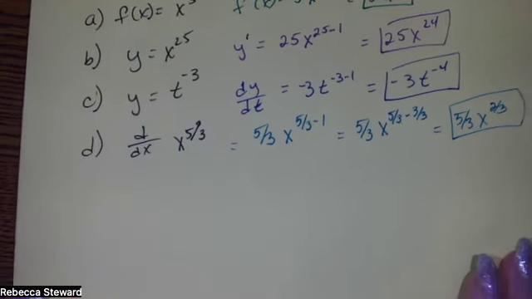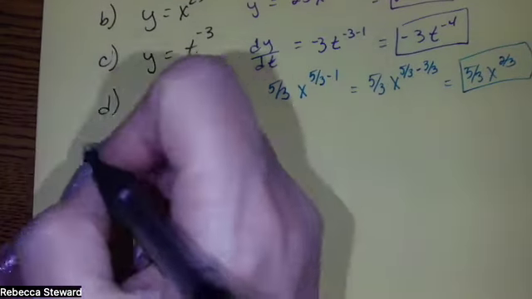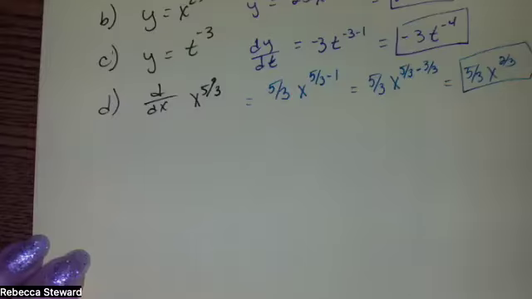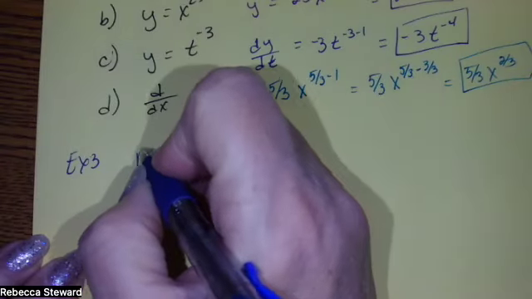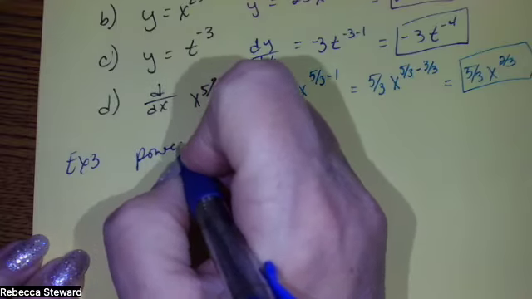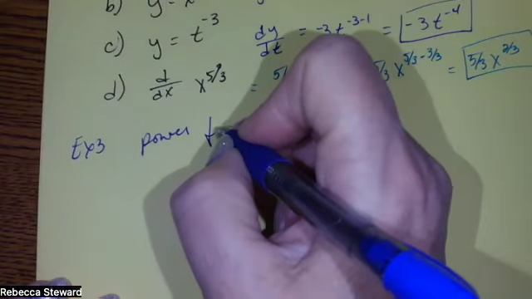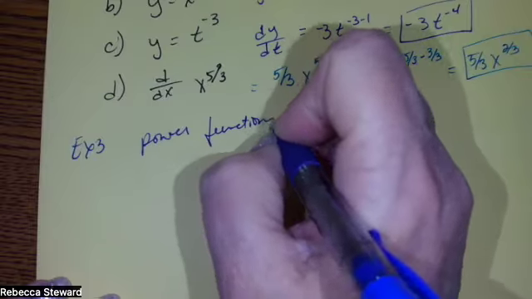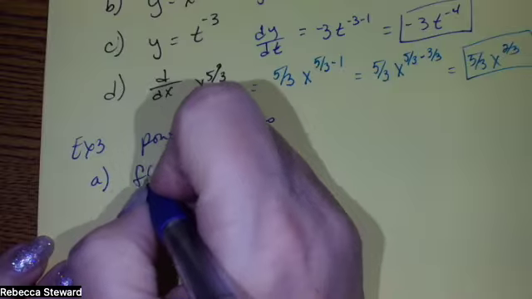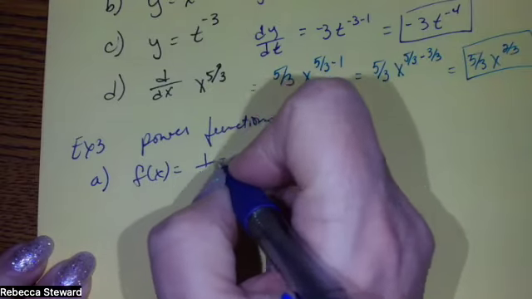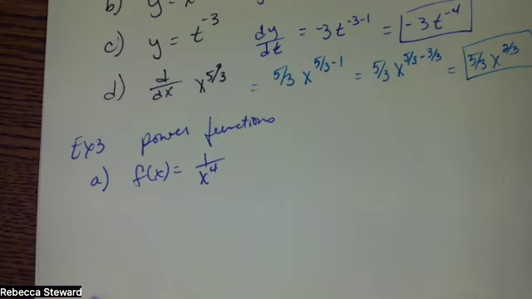All right. Let's go on to example 3. We're going to look at power functions some more. They're just a little bit different. So for A, we have f of x equals 1 over x to the 4th.